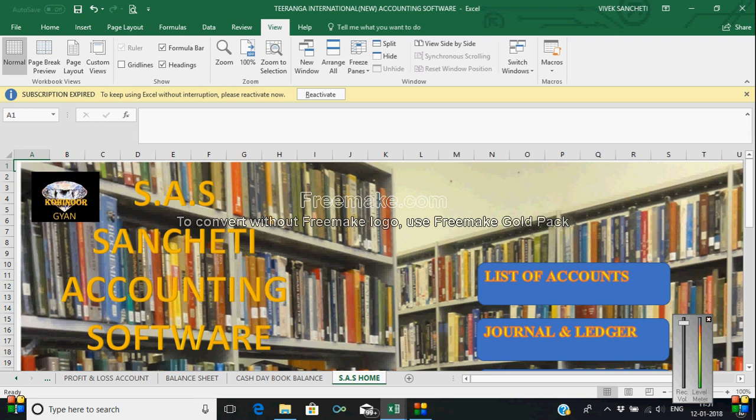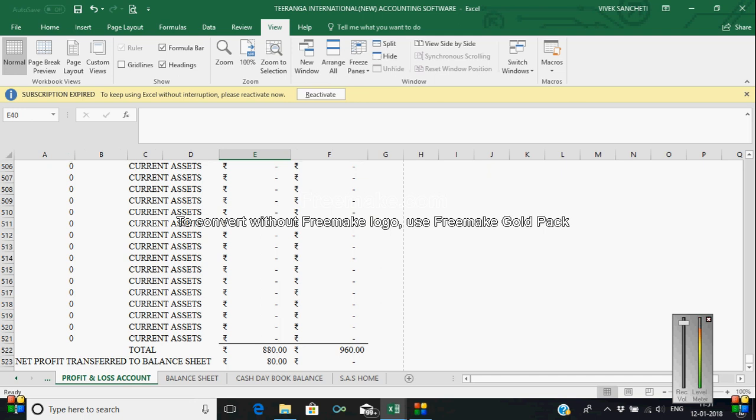So friends, please use this software. It can be used in any part of the world. I just have to change the currency symbols. Instead of rupees, dollar will come, pound will come, yen will come, any currency symbol in which you are operating, and the rest, the basic accountancy, is the same all over the world.